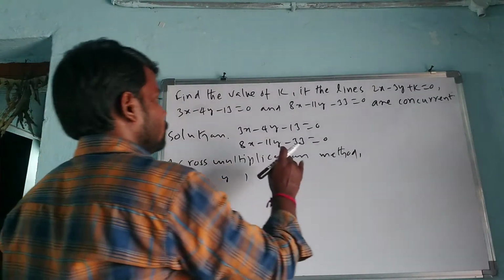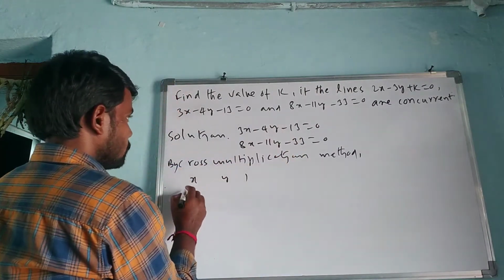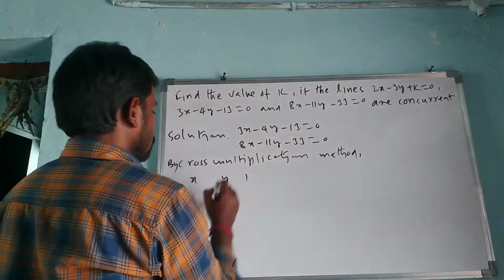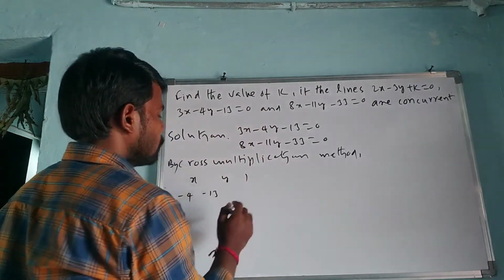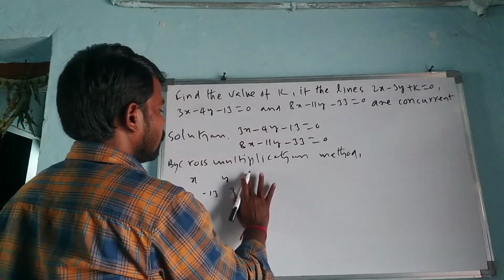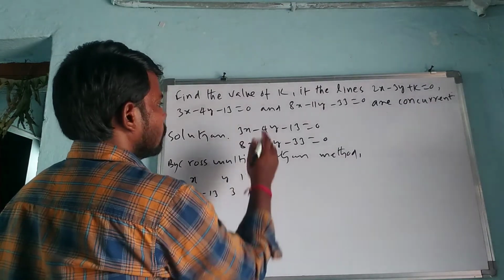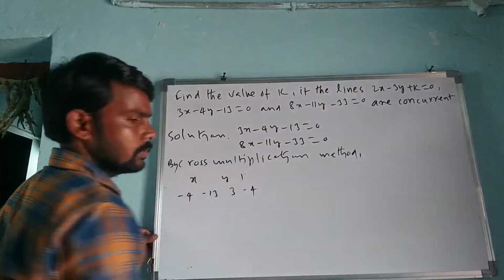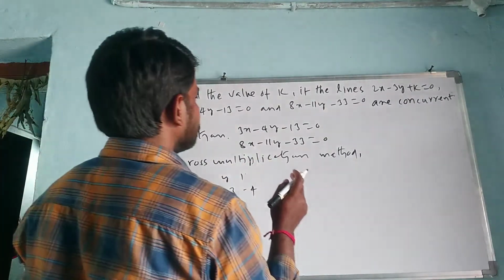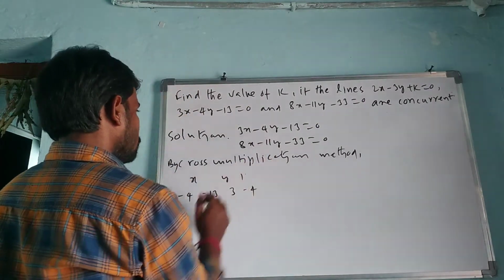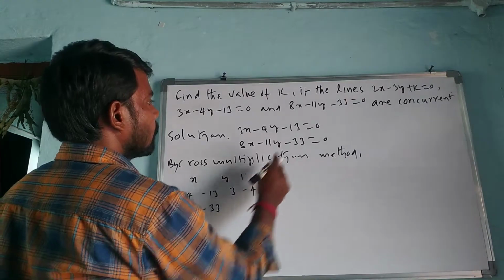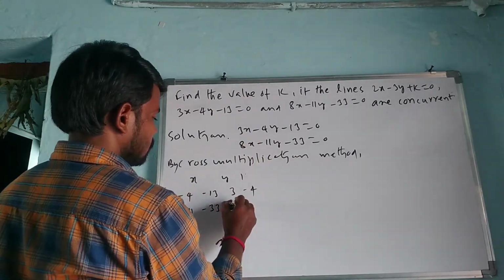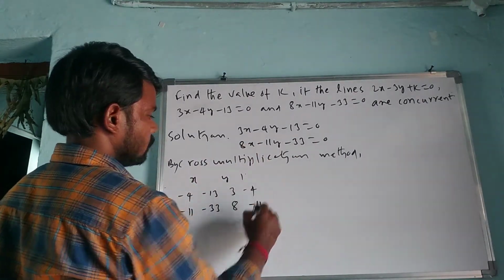We have to start with the coefficient of y. Coefficient of y is minus 4, the constant is minus 13. Then we take the coefficient of x, 3, and then the first one is minus 4. Similarly, the coefficient of y is minus 11, the constant is minus 33, and then the coefficient of x, and again the first one.